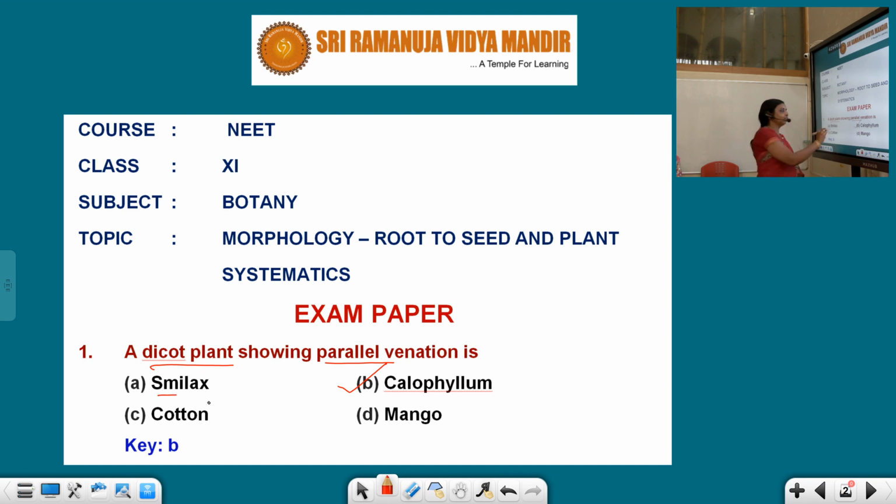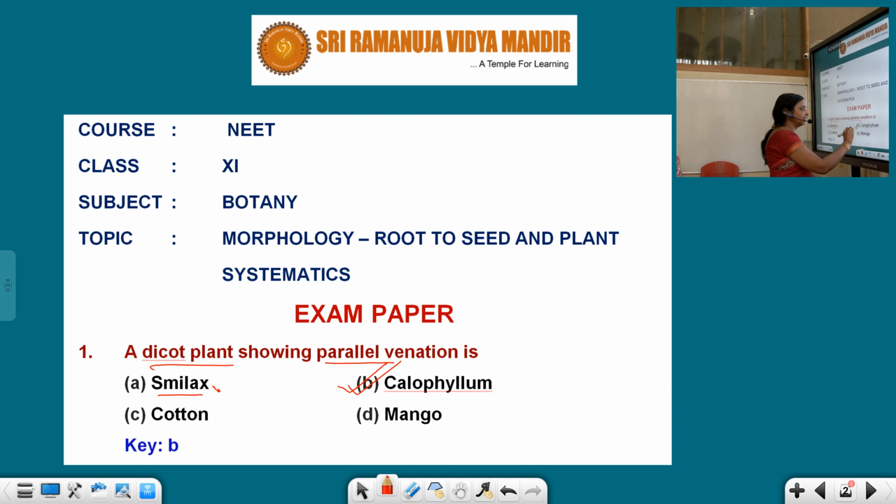So Smilax is a Liliaceae monocot plant, but it has reticulate venation. So these two examples you have to remember. Smilax is a monocot plant but has reticulate venation, and Calophyllum is a dicot plant and has parallel venation. So the answer here is B. See, in the key also I have given B.